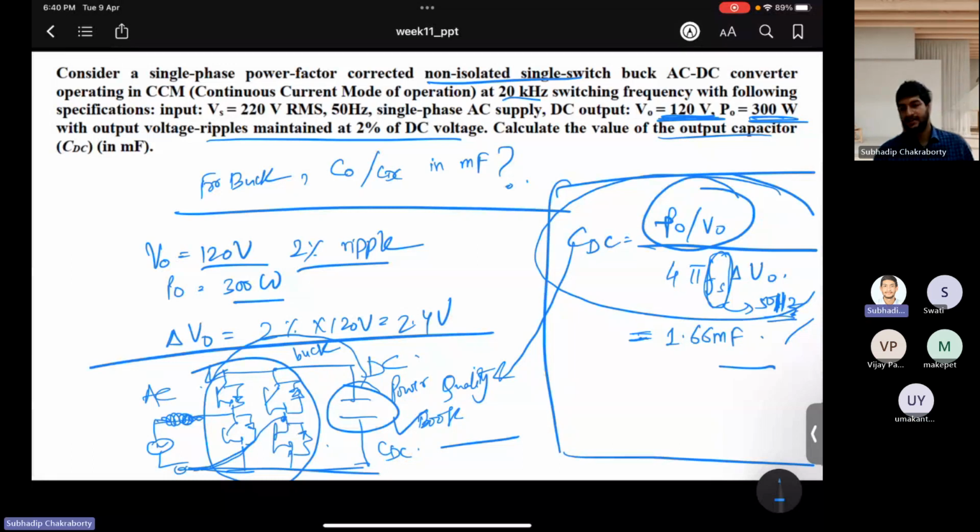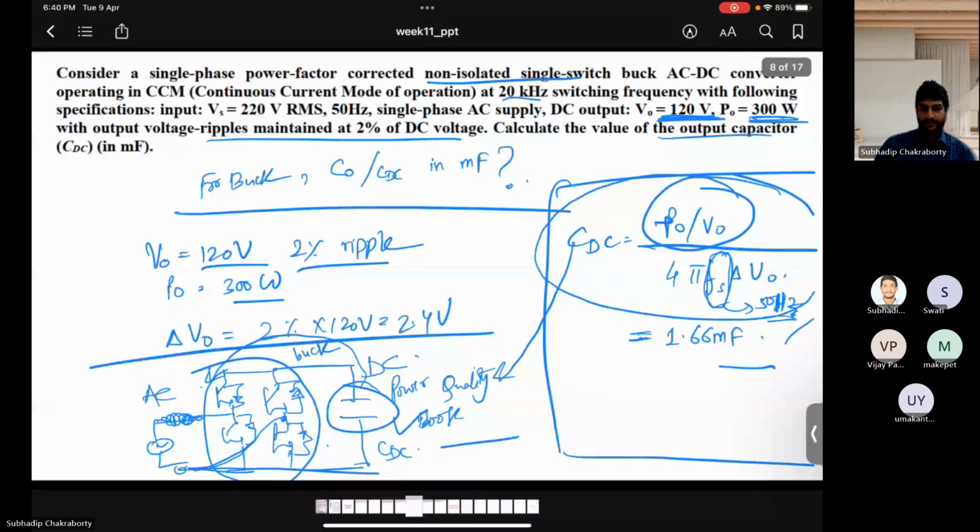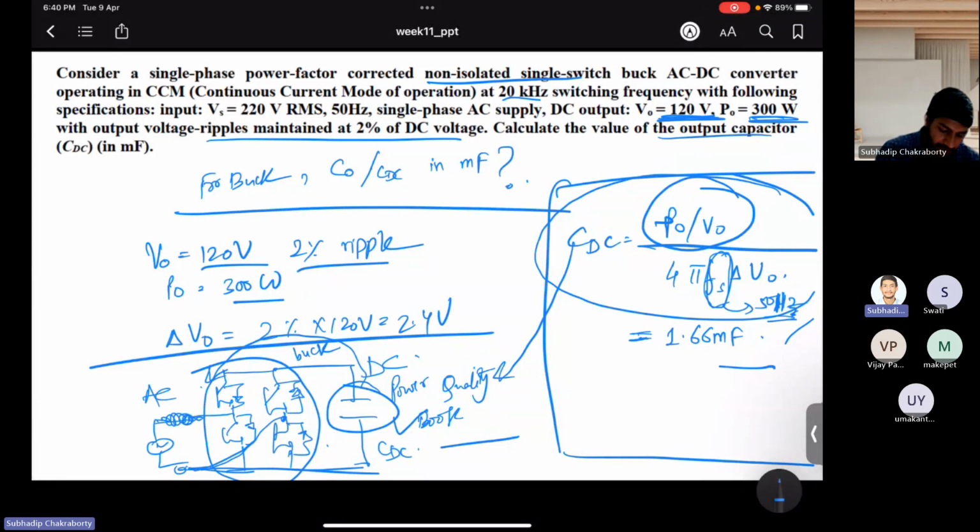Yeah, so these are the problems. You can just see buck, boost, and buck PFC, boost PFC, and buck boost PFC, right? And you can also have a bucking stage here.